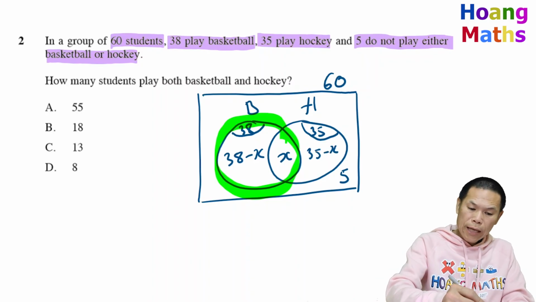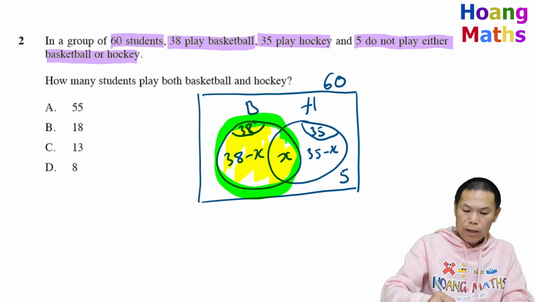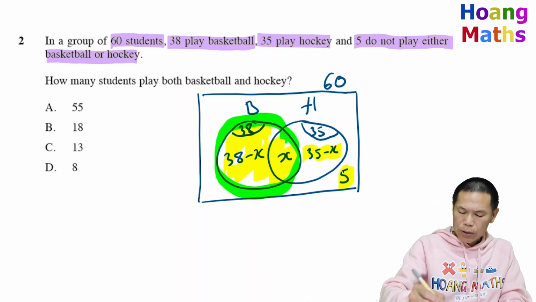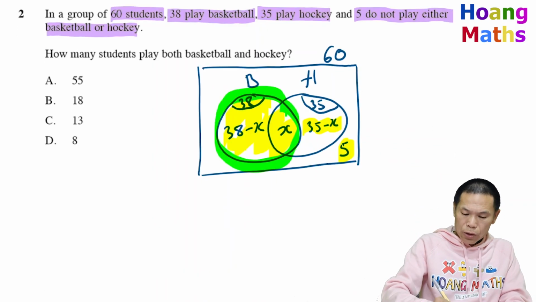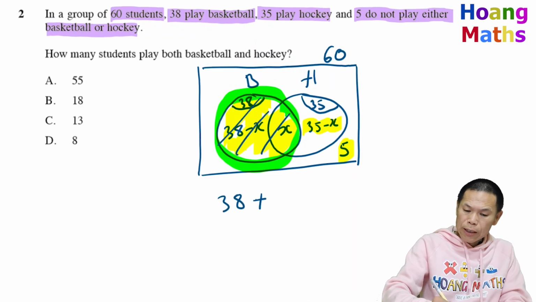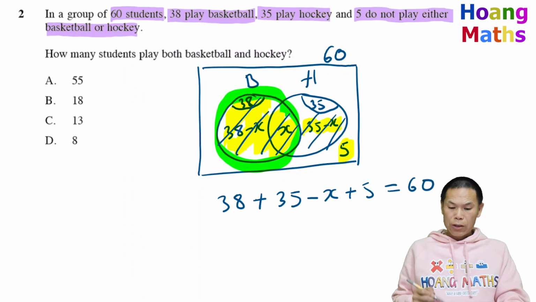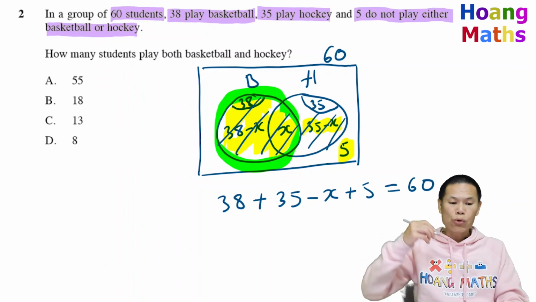Now we just add them up. So 38 here, this circle here, and we add this, will give me 60. Let's work this out. So basketball is 38 altogether, and then we need to add this 35 minus X, and we add 5, giving me 60. Now we just need to solve it.